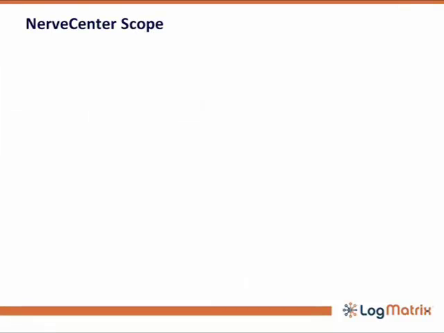Inside of NerveCenter, the concept of scope is important: do you care about the entire network, a node, an interface, or specific information under that interface? To think about this, maybe it's easier to imagine having a couple of automobiles in our garage.